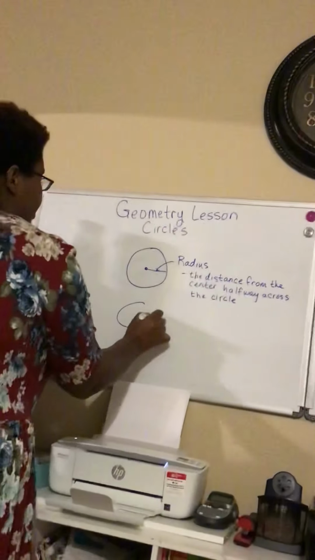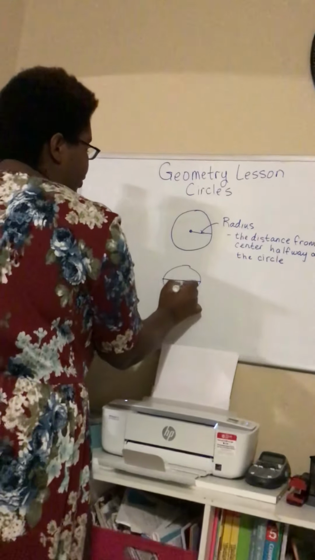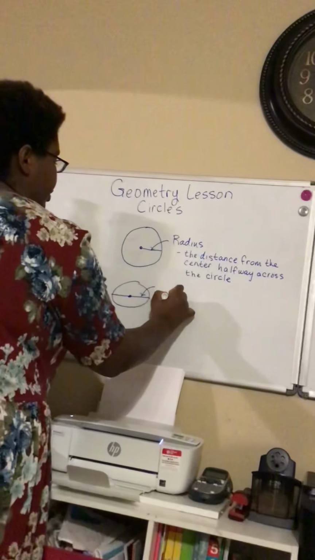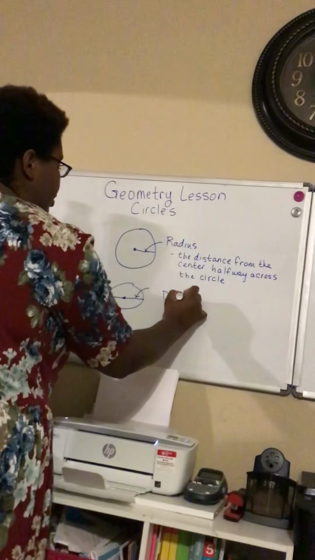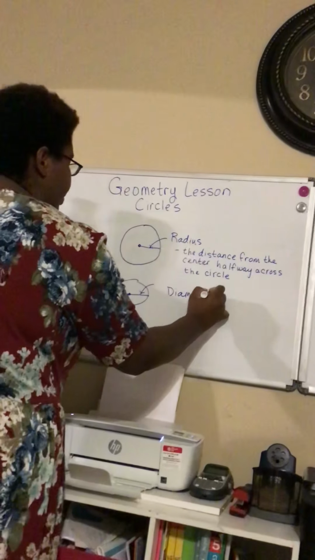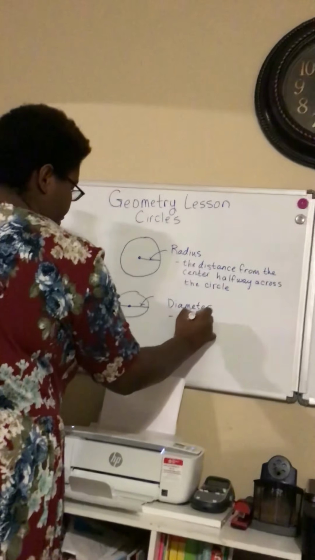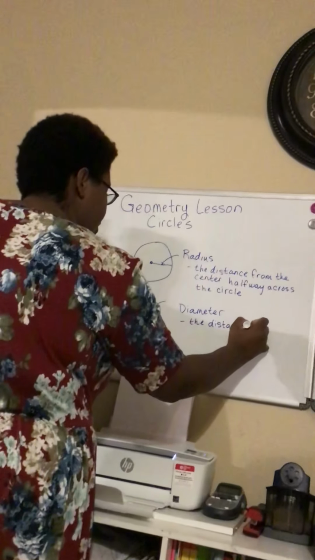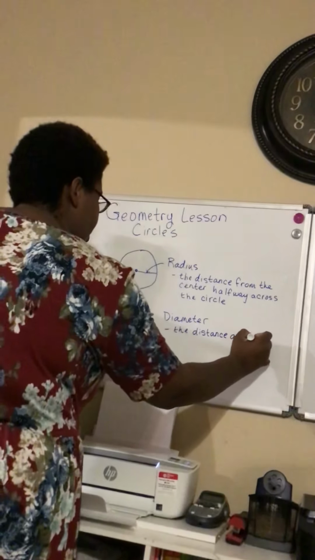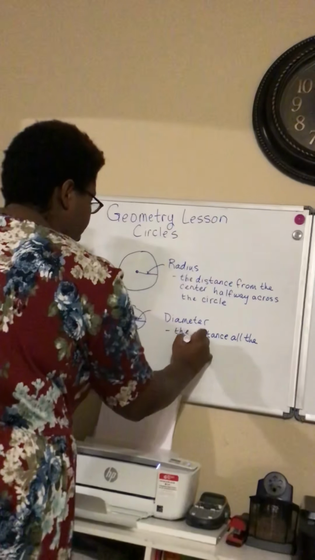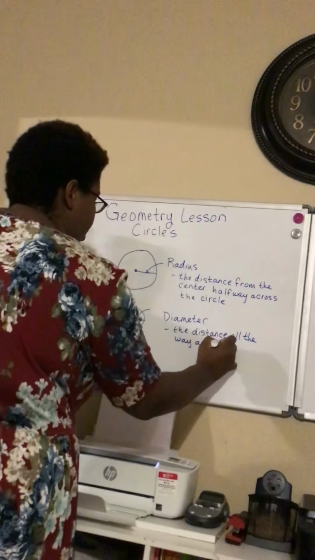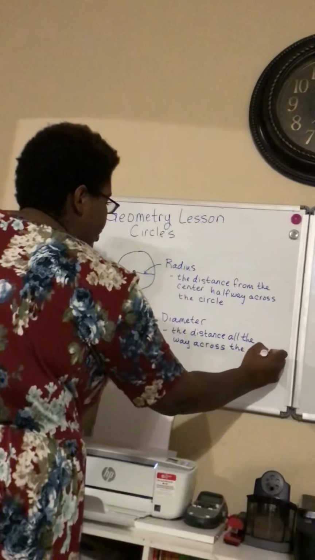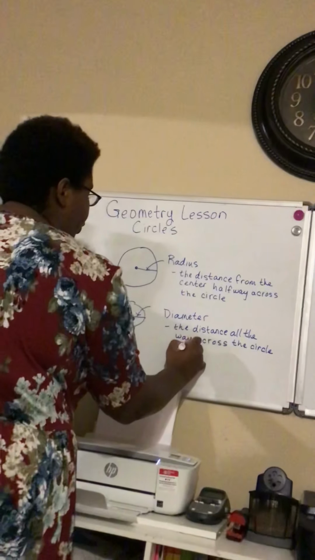The distance all the way across the circle is called the diameter. And it always goes through the center.